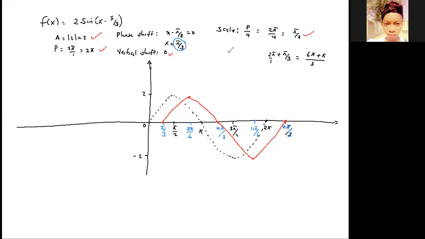Where did I get the period? The period is always 2 pi over b. Now the b is 1. So that's where we got the period. You can use anything to sketch the graph, even a pencil, even a pen.